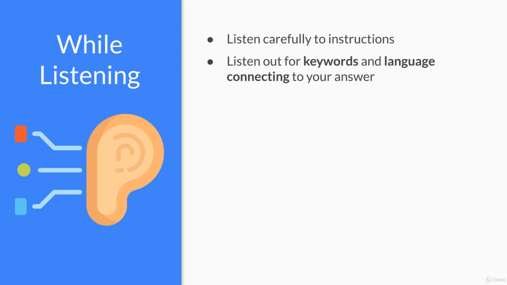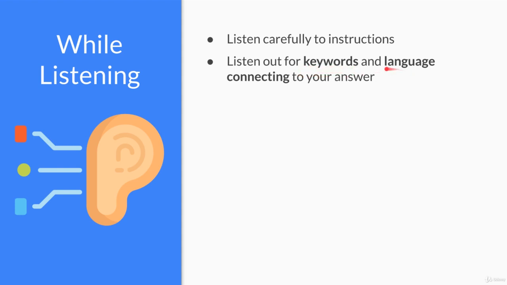Rather, most of the times they're going to disguise the answer in what we call synonym language. They are going to use different words that mean the same thing. So instead of plant, they might talk about a tree or vegetation or something like that, different words that mean the same thing. So you have to be on the lookout for the keywords and more specifically for synonym language for those keywords.